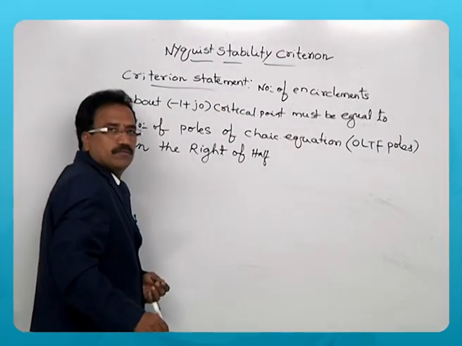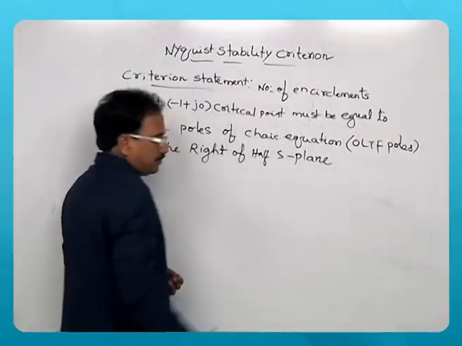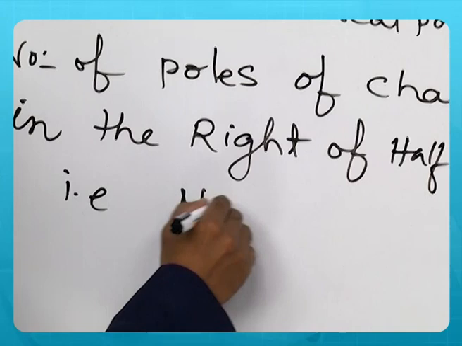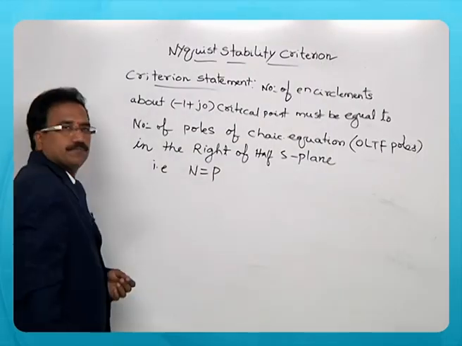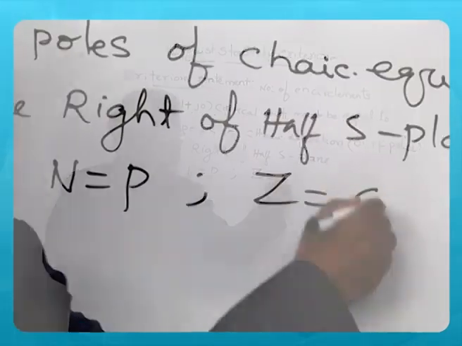That means n should be equal to P. Then only the Z will be 0.